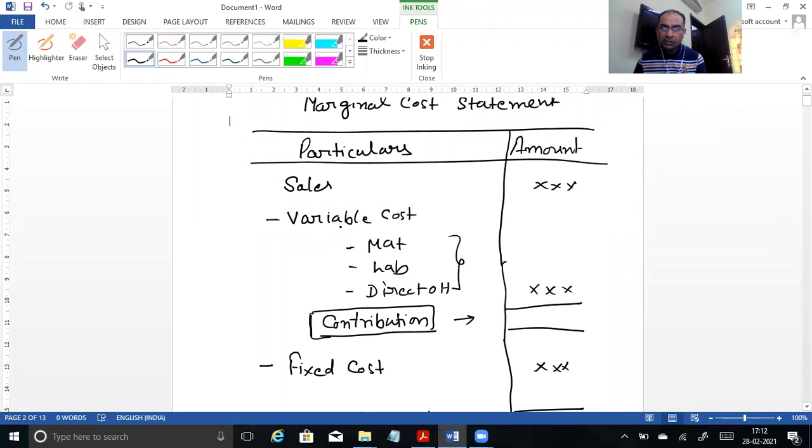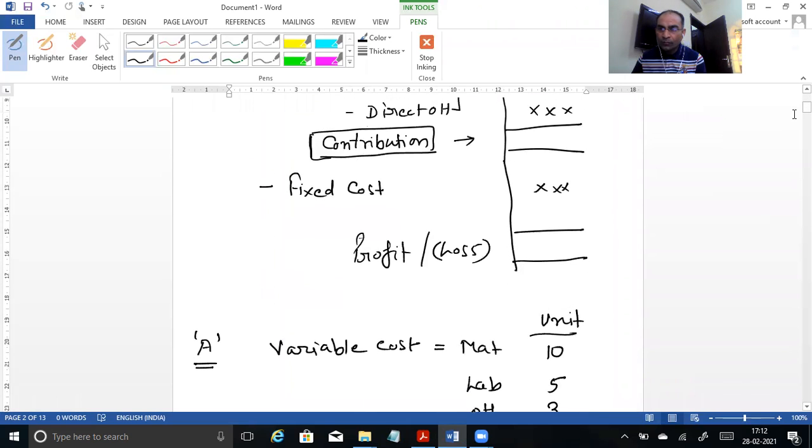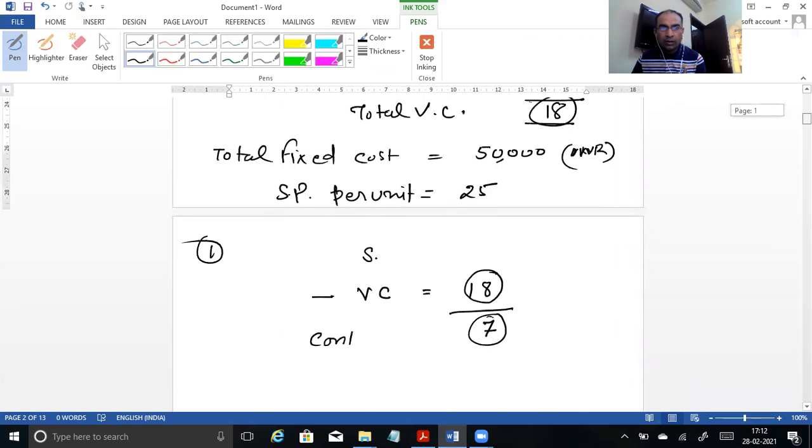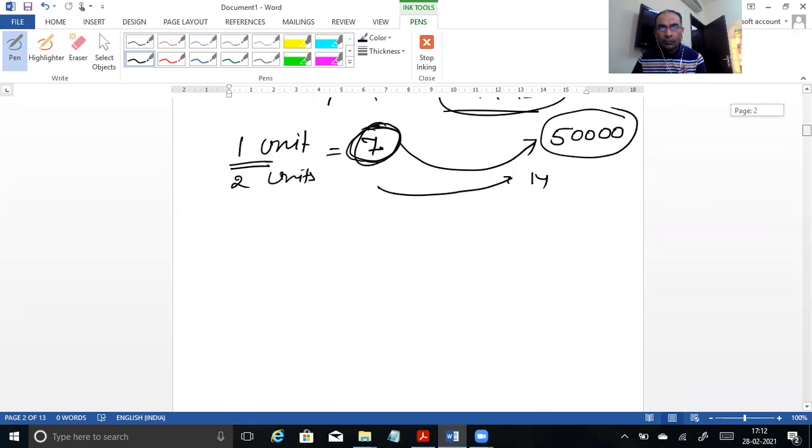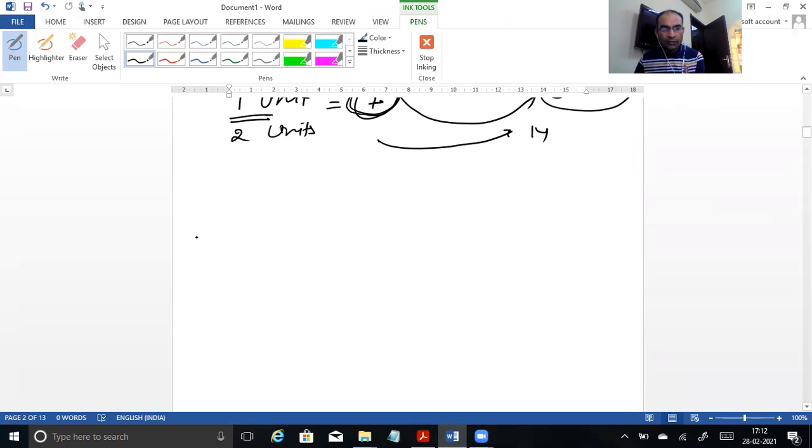From that, we minus the whole variable cost, and we get contribution. From contribution, we subtract fixed cost, and then we get our profit or loss. Only this particular format will help us in formulating all the formulas.